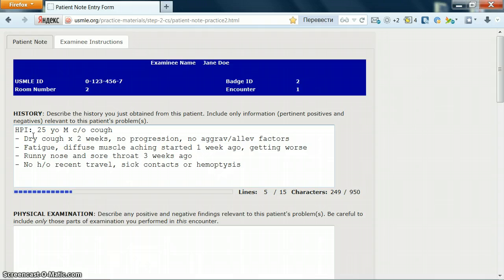You have to ask about coughing blood in all cough cases, as well as chest pain and shortness of breath.